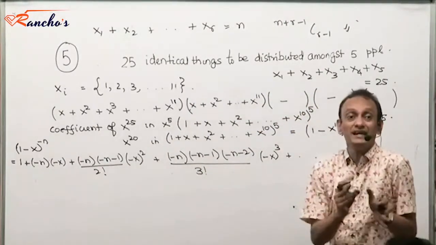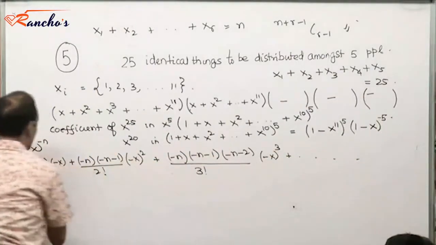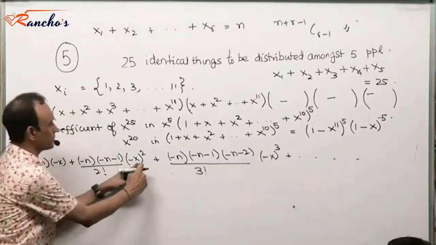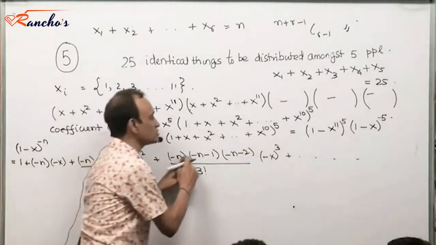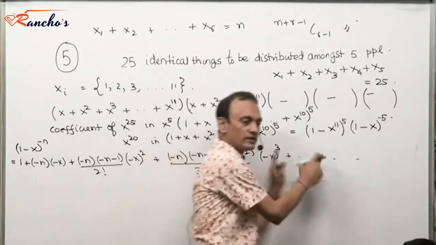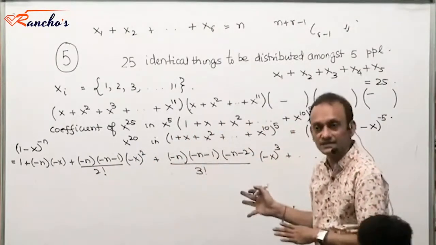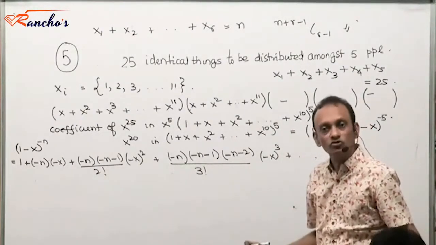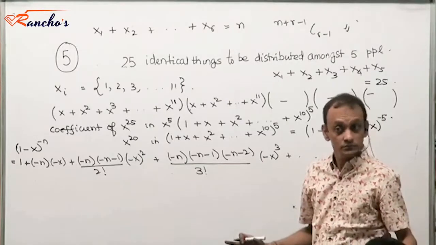1 plus x power t is 1 plus tx plus t into t minus 1 by 2 factorial into x squared plus t into t minus 1 into t minus 2 by 3 factorial into x cubed, and so on. Instead of x you have minus x here, right? This is the generalized binomial theorem, right?